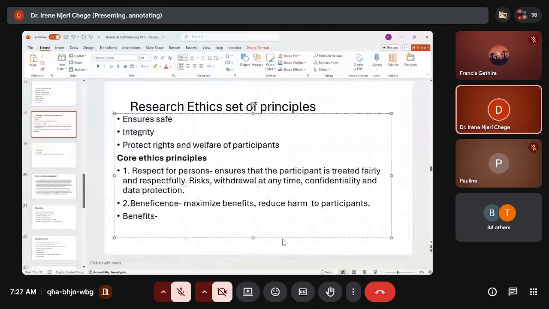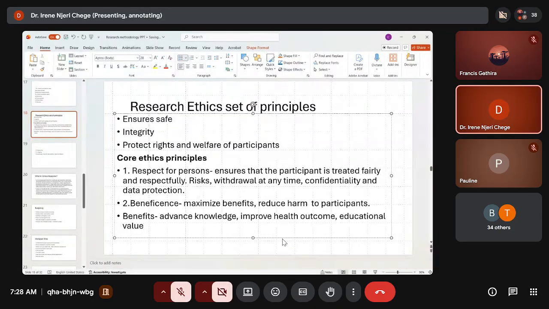You can advance knowledge. Another benefit you can talk about is you can improve an outcome. In our case, it's a medical course, so improve a health outcome. Provide educational value. So those are the benefits that you can state in your study.